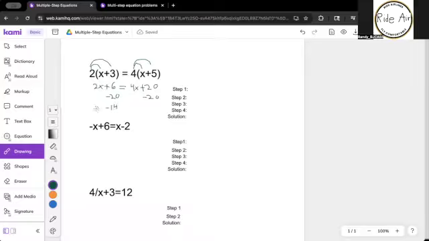And then eventually with my 2x. Now I'm going to put an equal sign. 4 times x is 4x once again.